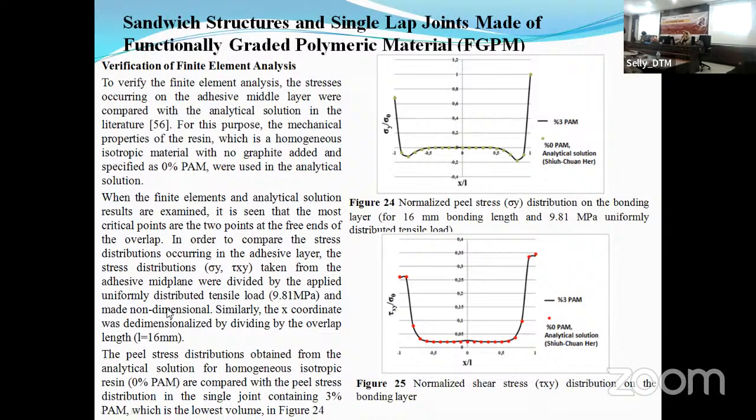We use non-dimensional values, and similarly the x coordinate was non-dimensional, because the overlap length is 16 millimeters, but we take x over L, okay? We always normalize them because we don't want these values to be related only to this geometry. They should be free from the geometry.